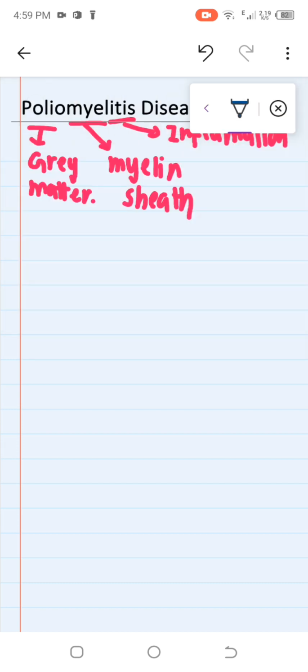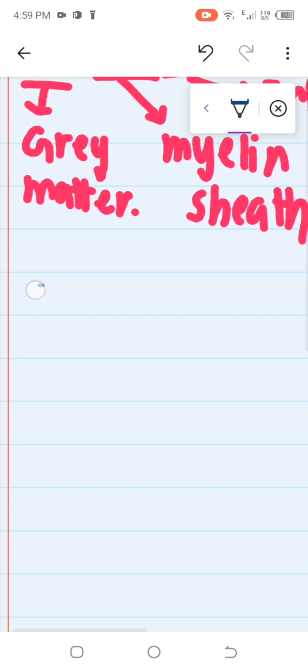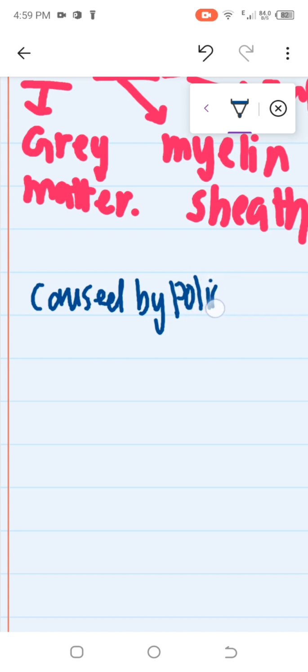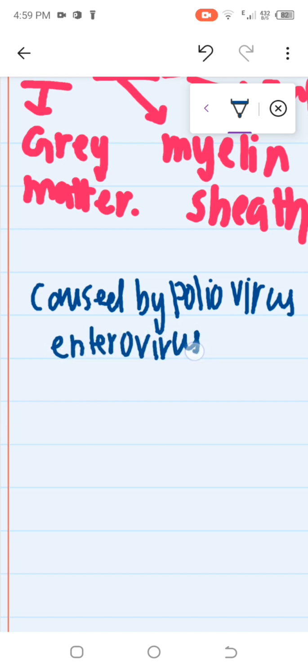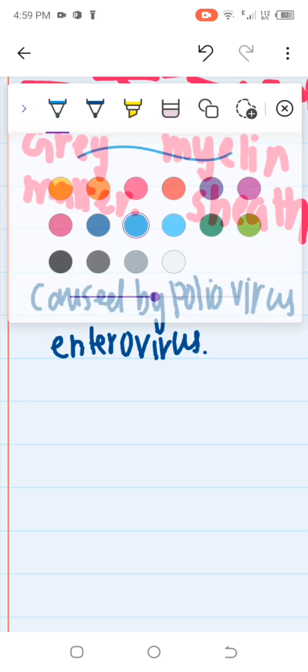This poliomyelitis is basically caused by poliovirus, and this virus is known as enterovirus. Now what does the word enterovirus mean?